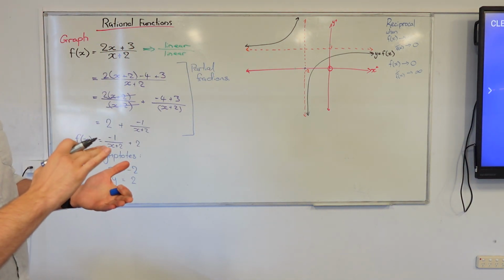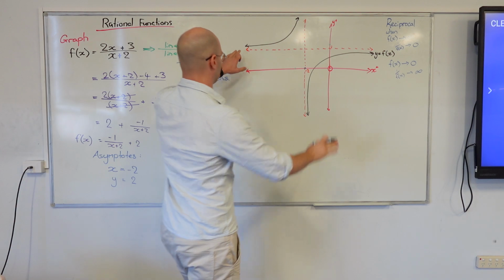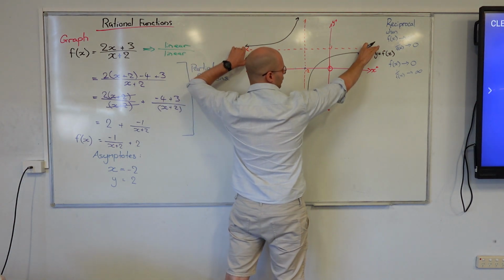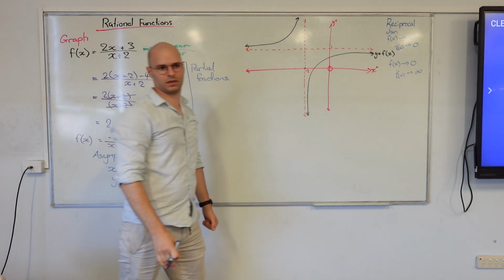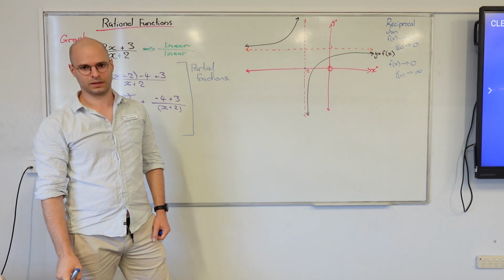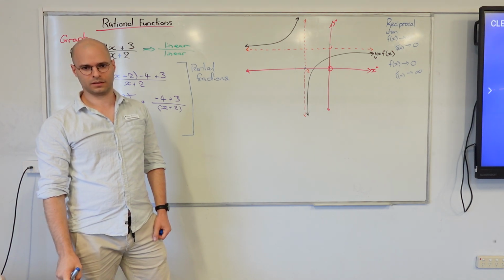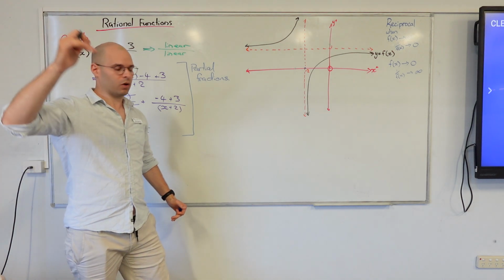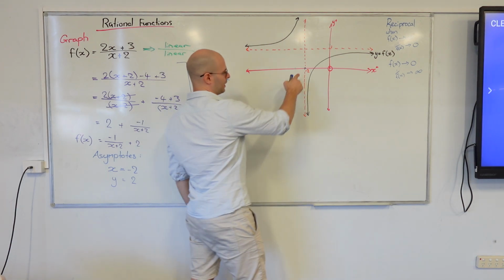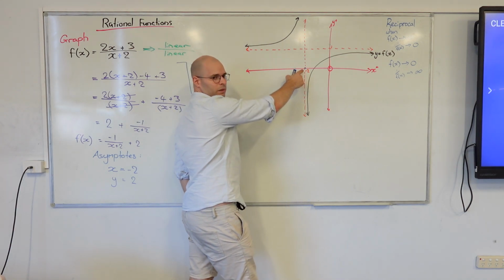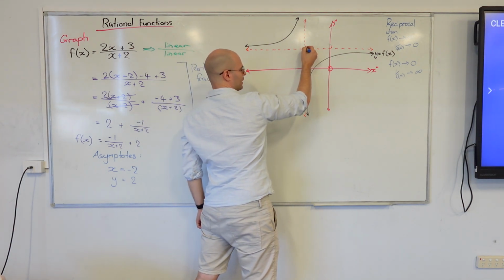Now what about when the functions here and here are getting closer to their asymptote? What will the reciprocal do? Further away from the asymptote. So I'm just going to tell you straight out now. Normally we'd place it here, but I'm going to place it here.